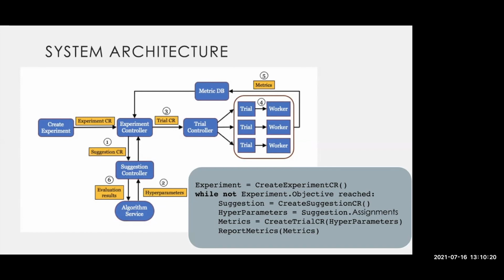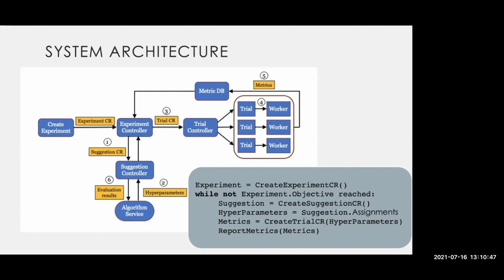The experiment controller provides that many requests in the suggestion custom resource and submits it. The suggestion controller picks up the suggestion custom resource, talks to the algorithm service via gRPC, and gets back the hyperparameter tuner solutions.